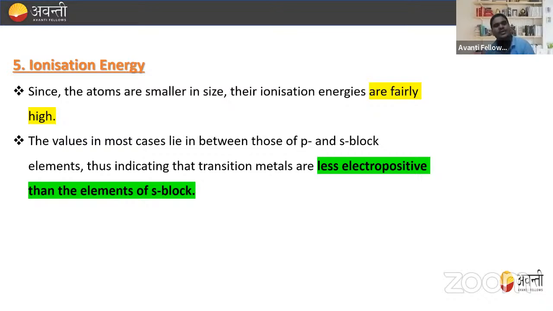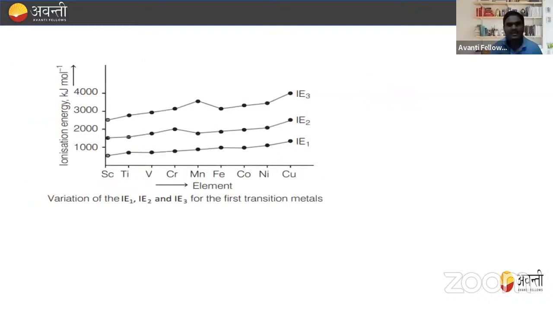The value in most cases lies between those of p and s block elements, thus indicating that transition metals are less electropositive than the s block elements, right? Now, we can observe the ionization enthalpy through the following graph. On the y-axis, we are taking ionization energy, and on the x-axis, the name of the element.